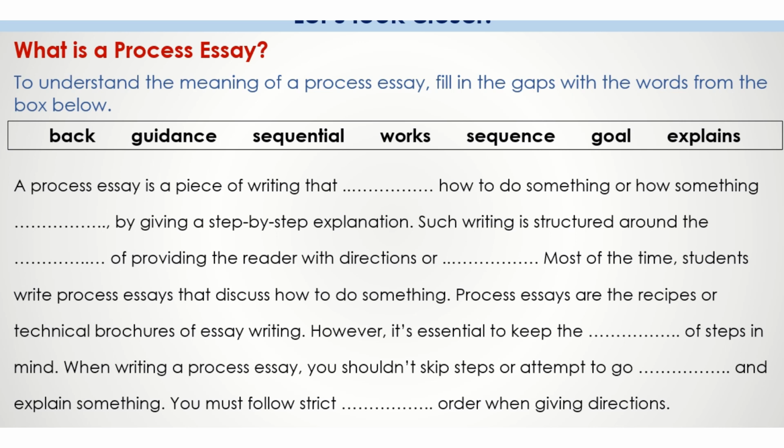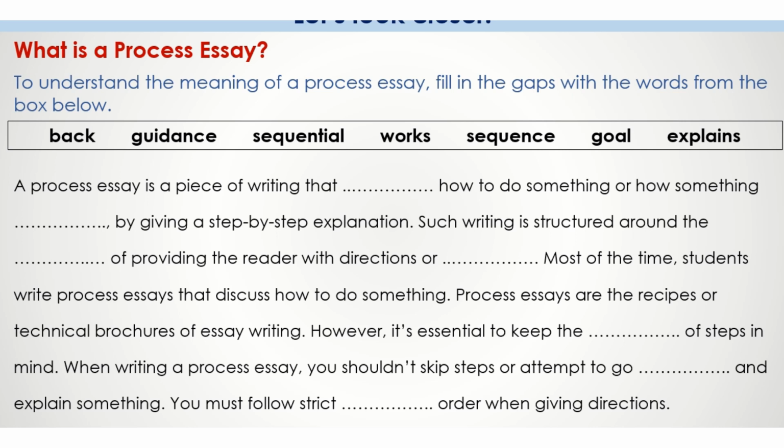Most of the time, students write process essays that discuss how to do something. Process essays are the recipes or technical brochures of essay writing. However, it is essential to keep the space of steps in mind. When writing a process essay, you shouldn't skip steps or attempt to go space and explain something. You must follow strict space order when giving directions.